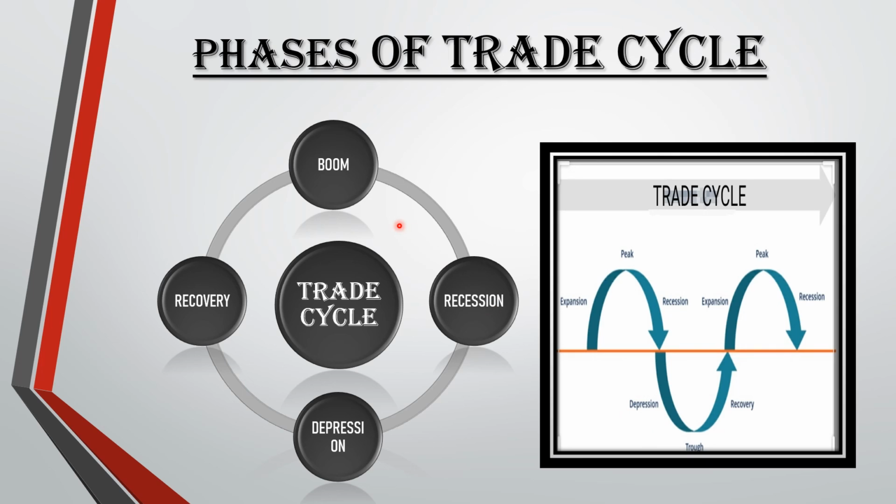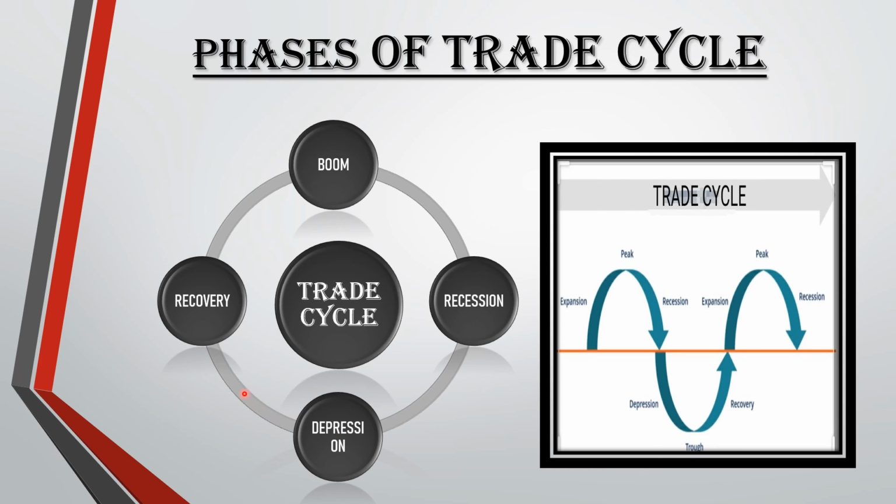We start from boom, then after reaching the peak level, it starts declining. There is a period of recession. After that, we reach the depression level of the business. There is the trough now, which is the lowest point in the trade cycle. After reaching the lowest point in the business, it starts picking up.